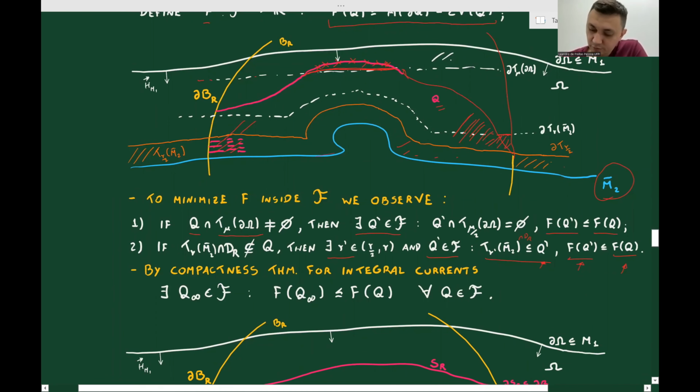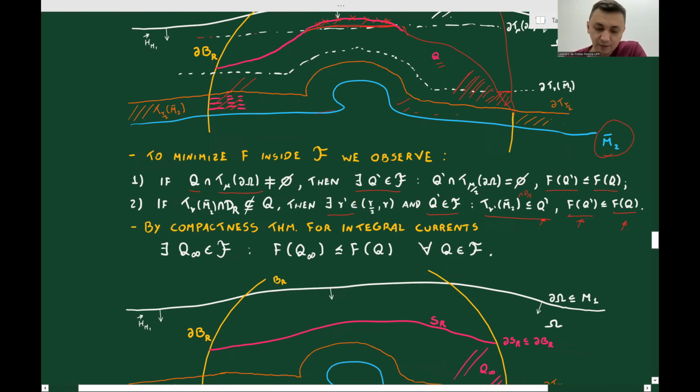Okay, so the idea now is I can apply a very strong compactness result for integral currents to prove the existence of a minimizer inside this family. And of course, this minimizer will satisfy both conditions 1 and 2.